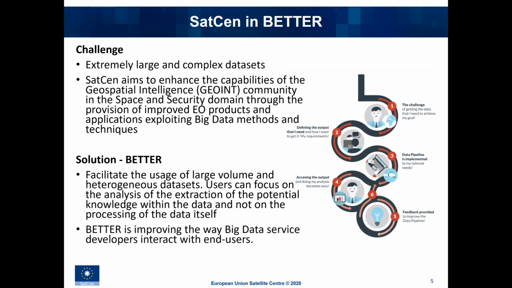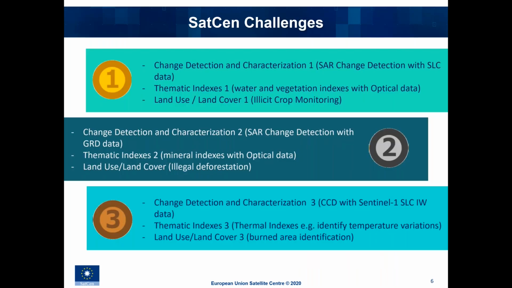Especially for SatCen, the challenges generated are part of the Geospatial Intelligence domain, to solve some issues of the space security community. Just to give you some examples of our challenges, the numbers that you see here are the 3 years of the project. We have 3 themes, which are change detection, thematic indices, and end user, and we try to develop processing chains related to these specific themes.